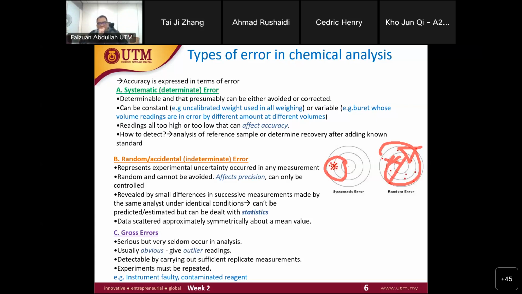And then I have told you about one more type of calibration, that if we have a matrix that can disturb the analysis of the sample, especially for the AAS or any spectroscopy instrument, then we prepare the calibration solution and we add what?